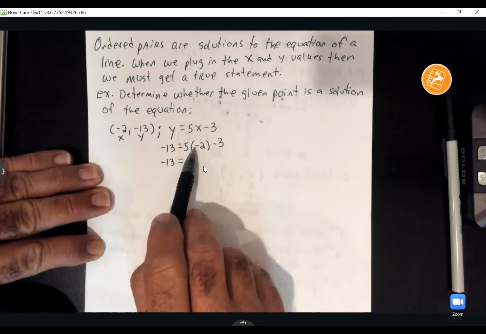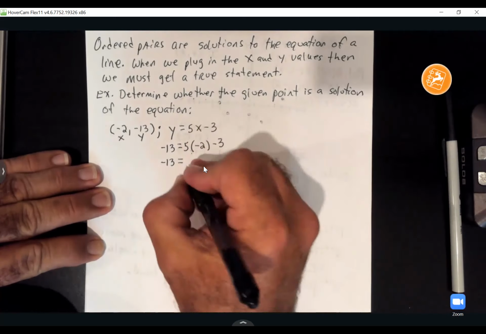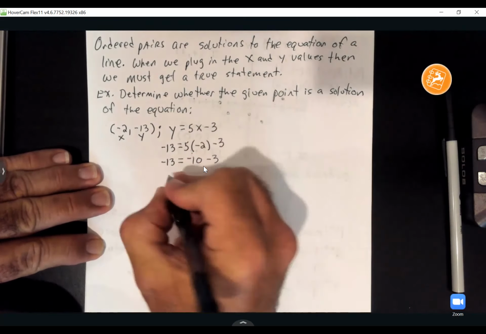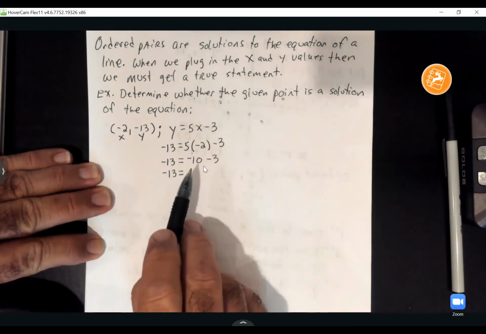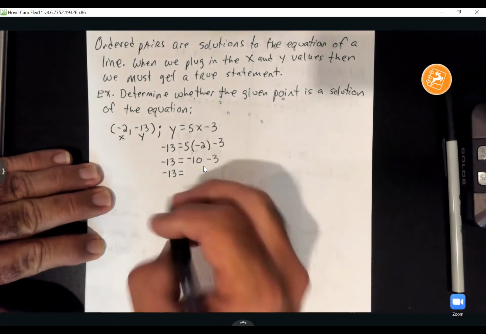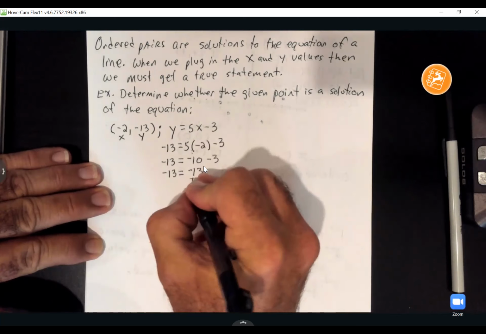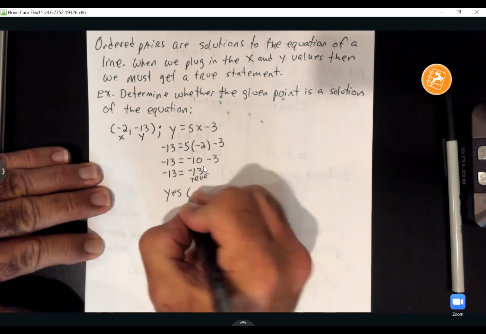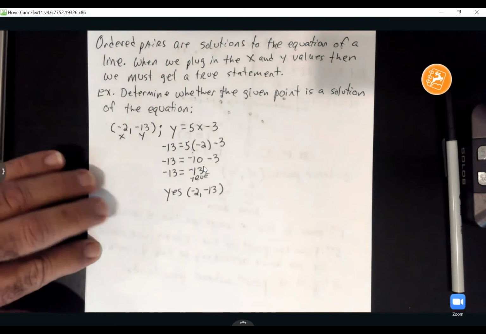On the right side, we got to multiply before we subtract. So 5 times -2 is a -10. Bring down my -3. So y'all, I end up with -13 on the left side. -10 minus 3 is also -13. So since this is true, that means yes, -2, -13 is a solution.